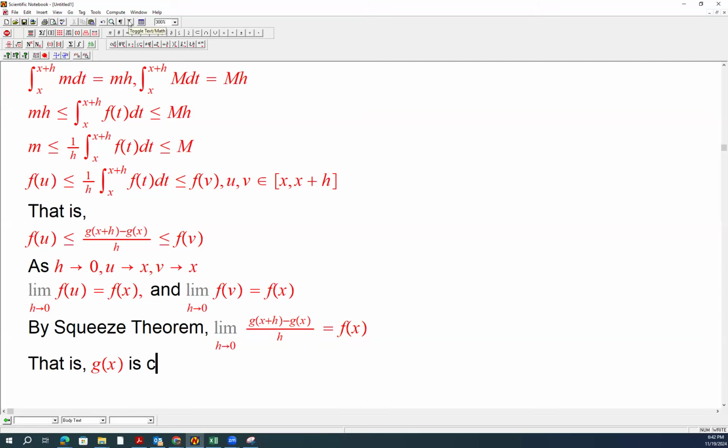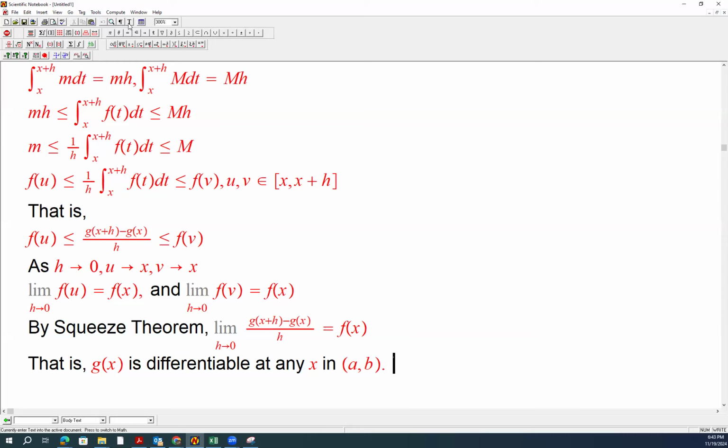I'm sorry, it's differentiable, because we use the definition of the derivative: g is differentiable at any x inside (a, b).